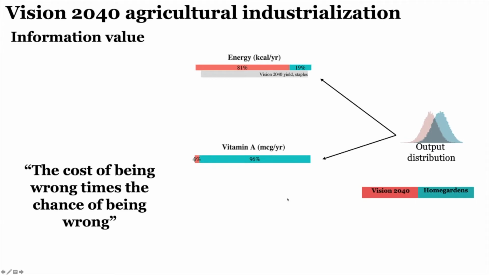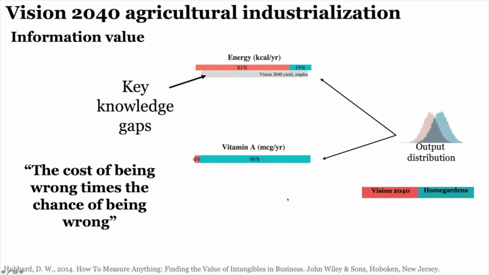So is this really a clear decision? Not entirely, because there's a variable we might measure to find out more about this key knowledge gap. For vitamin A, no knowledge gap was identified.